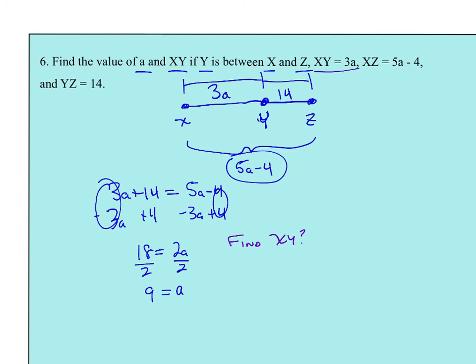XY is going to be 3A. I know what A is, so I just do a little multiplication, and that's my answer: 27 units. So it's getting used to the idea that the two parts together make up the whole thing.